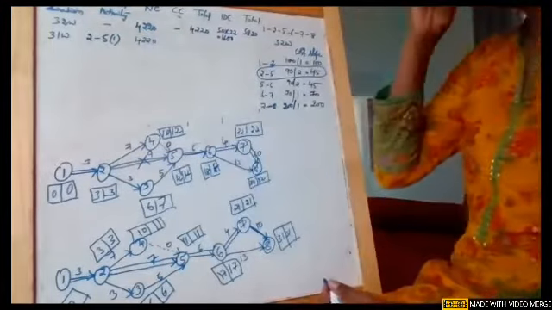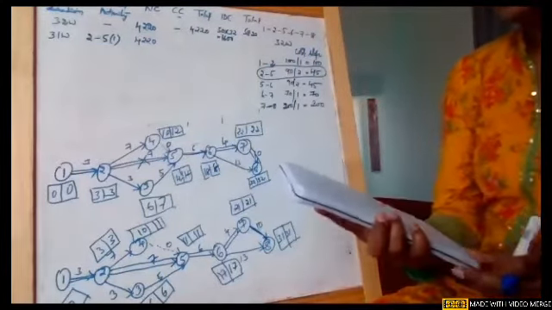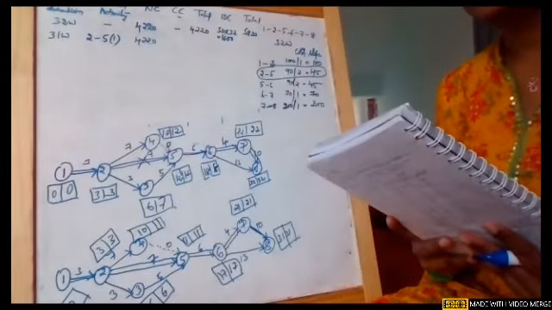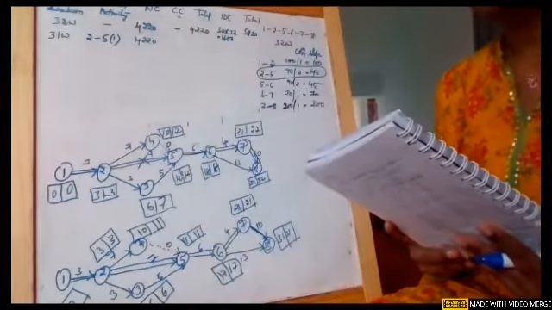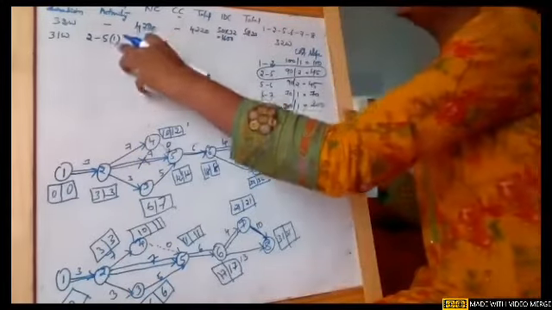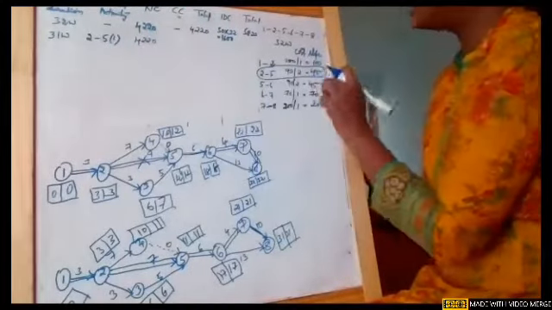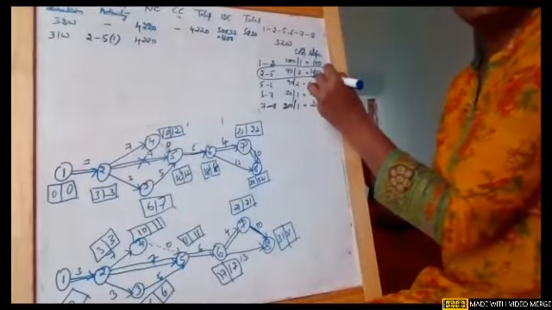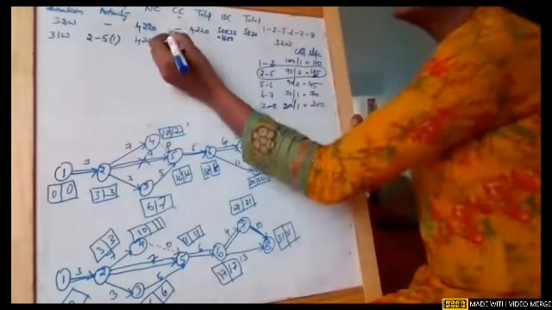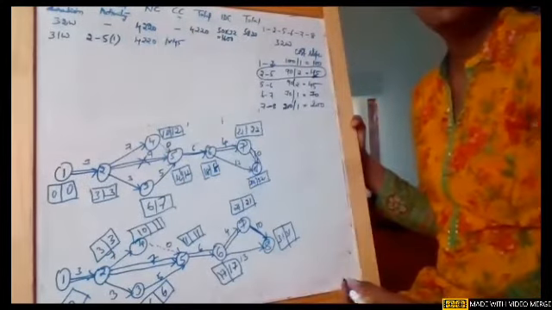Now, the crashing cost: you go back to this particular table. You have the cost slope, which is 45. This 45 is there. So see this, girls, from the cost slope: 1 week into 45. That is what it tries to infer.